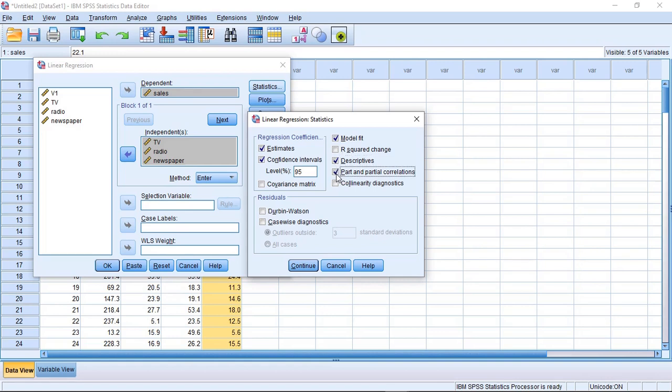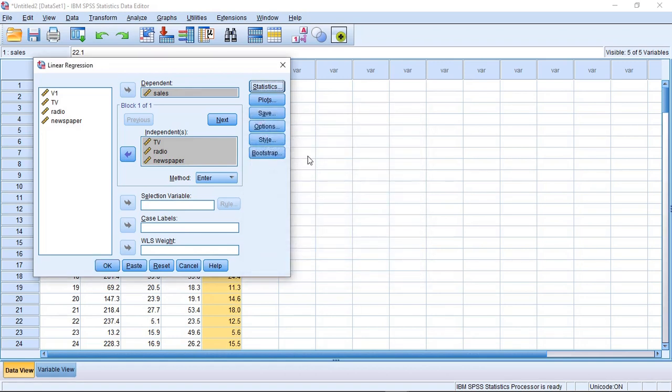We can also check on part and partial correlation. This is if you want to come up with a correlation matrix. Here we can leave it like this. Then we click continue.